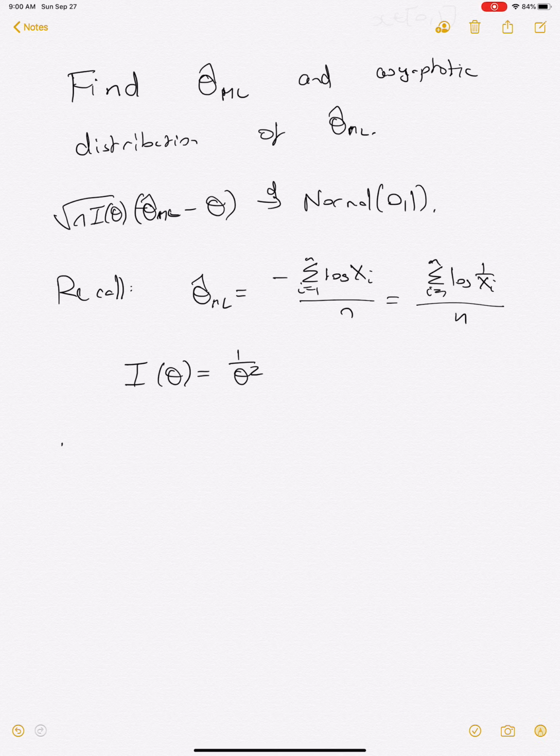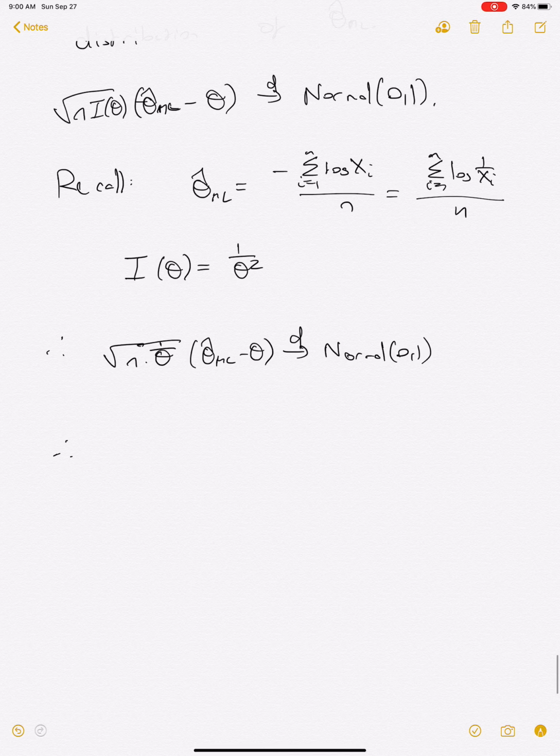So therefore we have that root n times theta hat ml minus theta goes to normal 0, or this is 1 over theta, sorry. Okay, and so another way to put it is that, so this should be 1 over theta squared, I'm sorry.